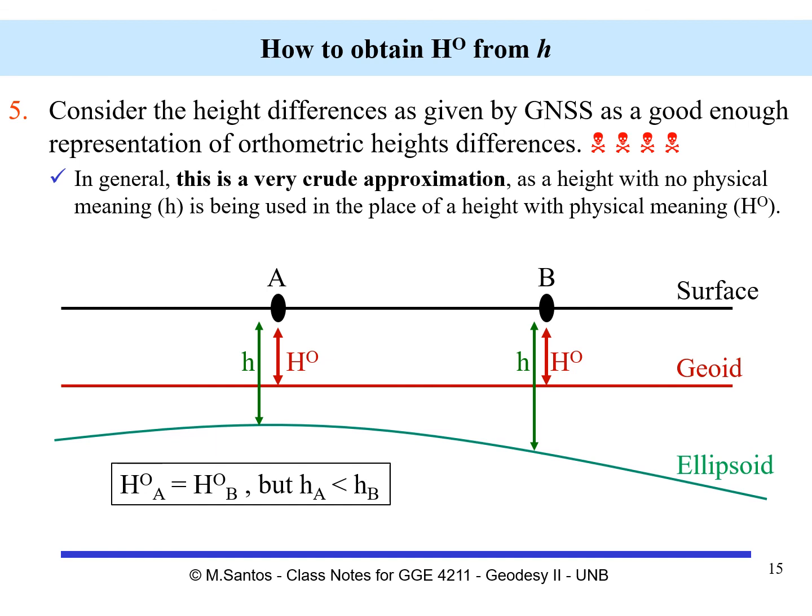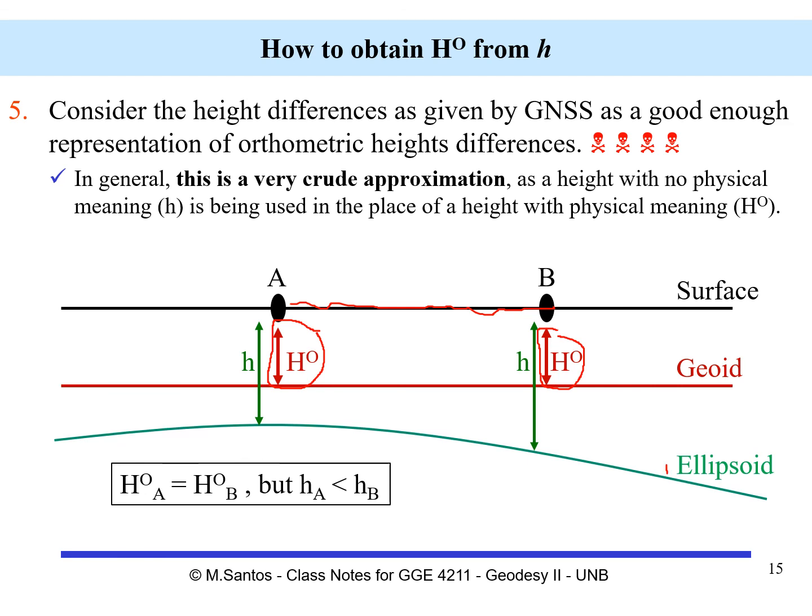So let's suppose that we have a flat surface. We can think that we have, say, a lake here. And therefore, the orthometric height of point B and point A are the same. I drew the geoid flat as well, just to make sure that we can clearly see that the orthometric heights are the same.